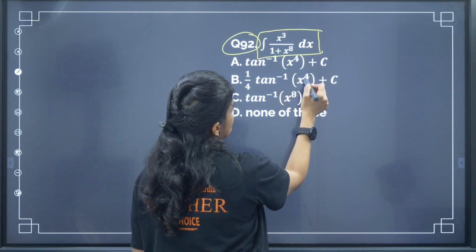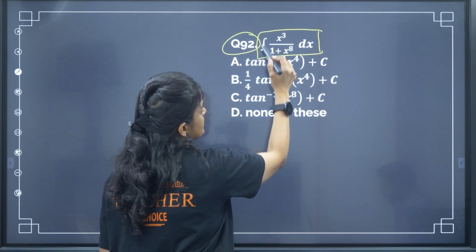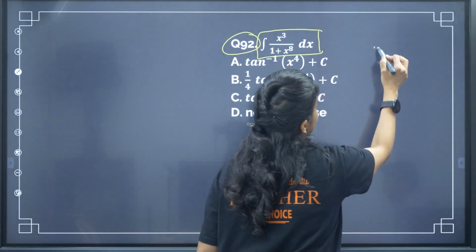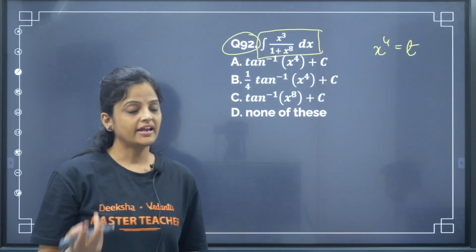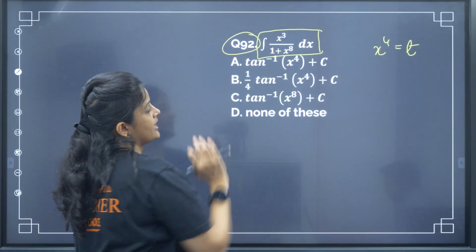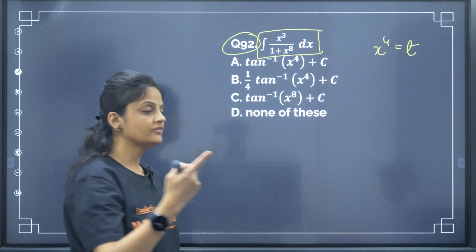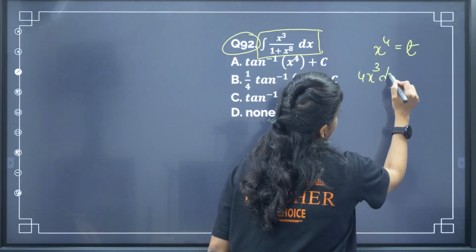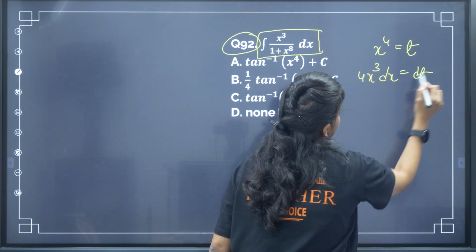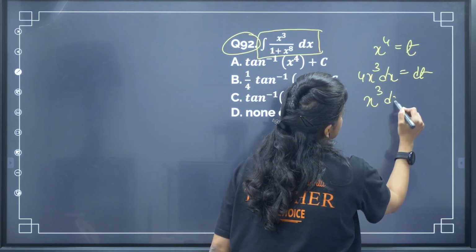See here, x power 4. Check in this: if you take x power 4 as t, x power 8 if I take, I'll not get x cube. If I take x power 4 and differentiate this, I get x cube, right? That is a hint for us.